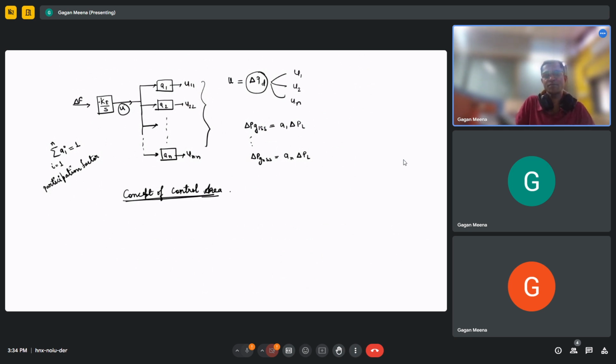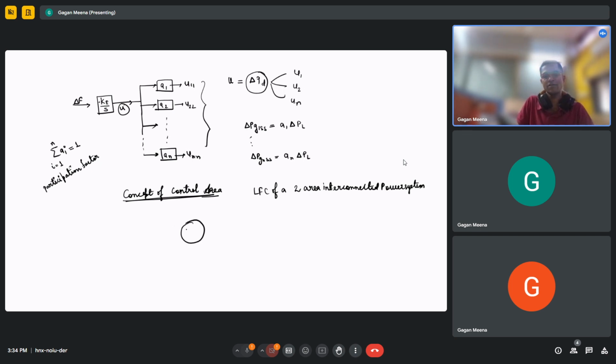So for load frequency control of a two area interconnected power system, in the same control block which we have been using, we will add one more thing, that is the tie line between the two areas.